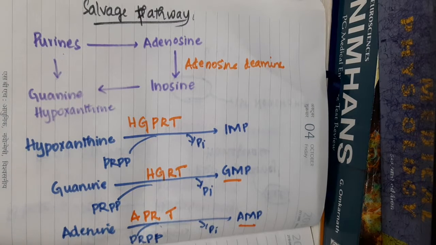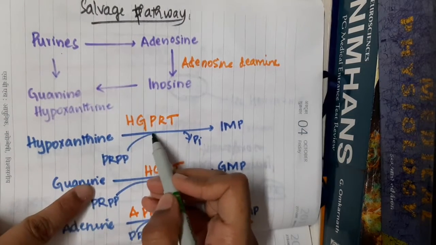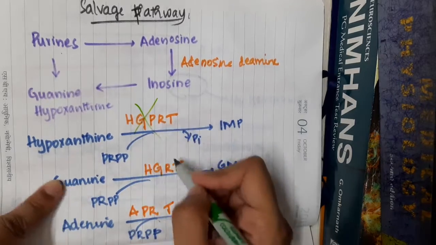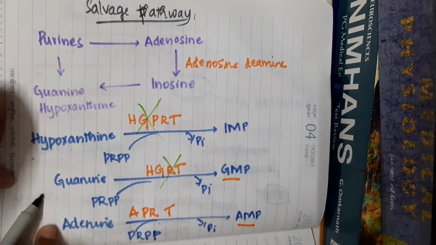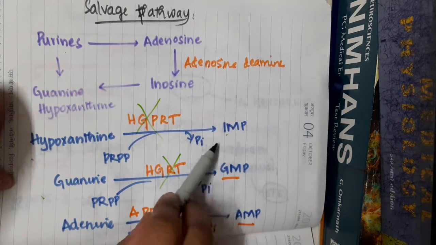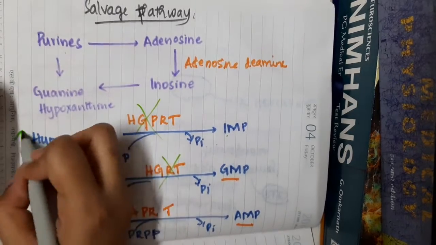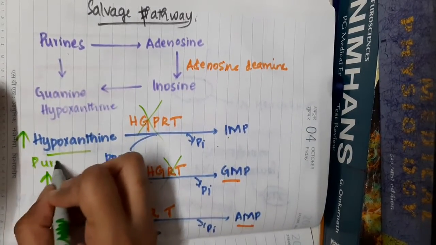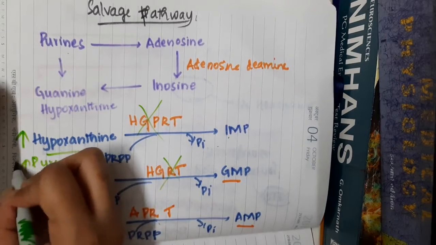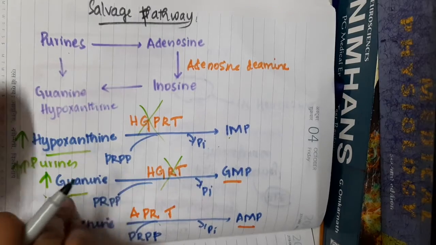So first, if there is complete deficiency of the enzyme hypoxanthine guanine phosphoribosyl transferase, there is no conversion of the hypoxanthine or guanine to IMP, that is inosine monophosphate, or guanine monophosphate, and as a result there will be accumulation of hypoxanthine and guanine, that is, purines are accumulated in the blood.